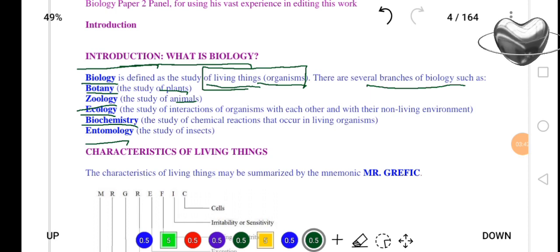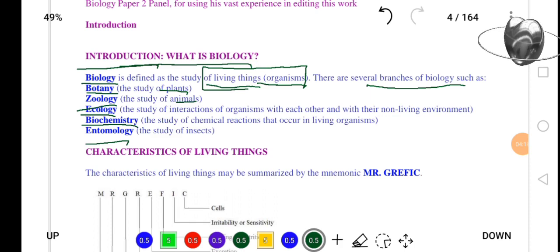Whether you like it or not, in as much as we study the living organisms under ecology, we are not going to leave out the non-living part, because every time as human beings or as any living organisms, we'll be interacting with non-living things.